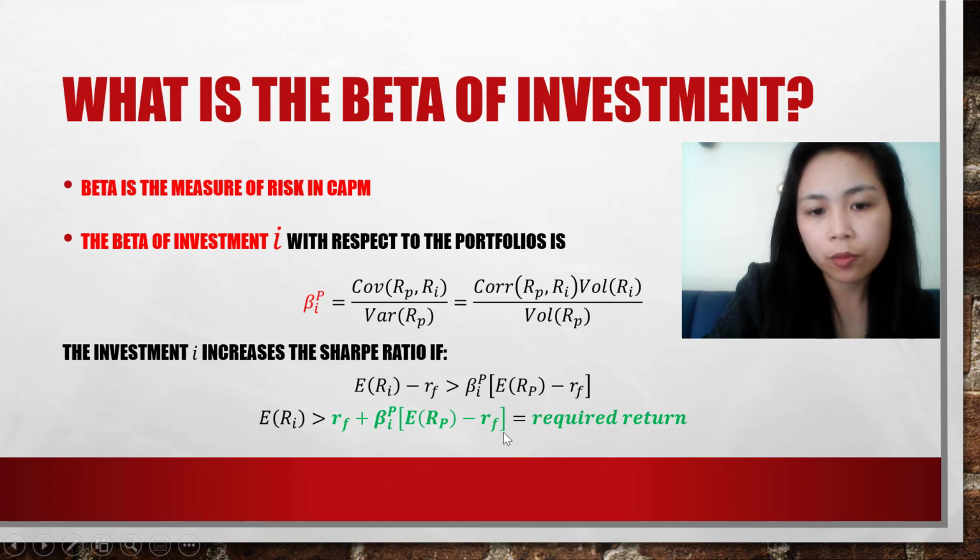We derive this formula by adding RF to both sides of this inequality. We have the expected return of investment I should be greater than RF plus beta IP times E RP subtract RF. And the whole thing on the right-hand side is called the required return. Usually if the expected return RI is equal to this required return, we have an efficient portfolio.